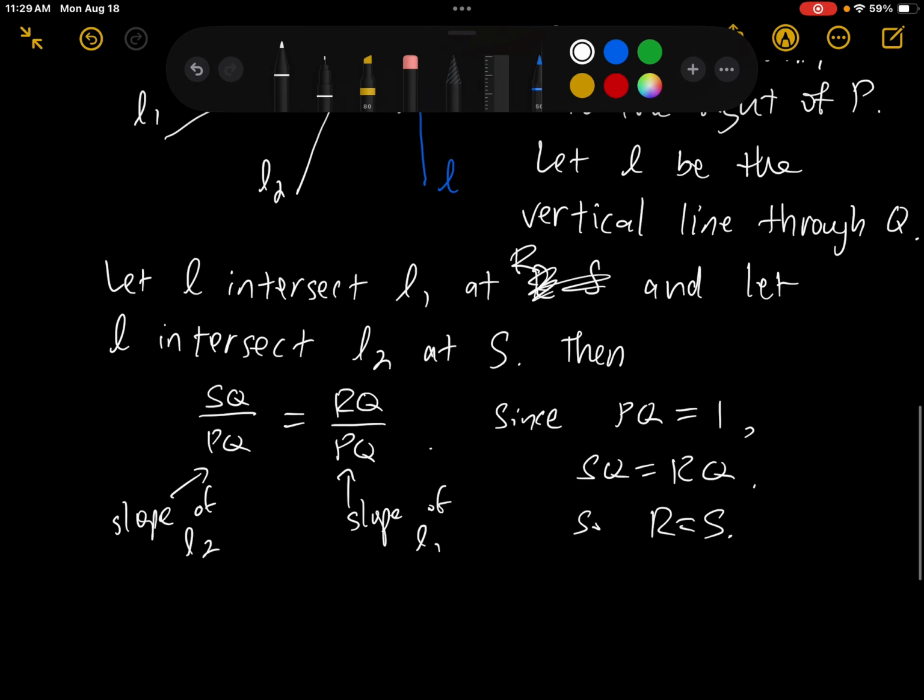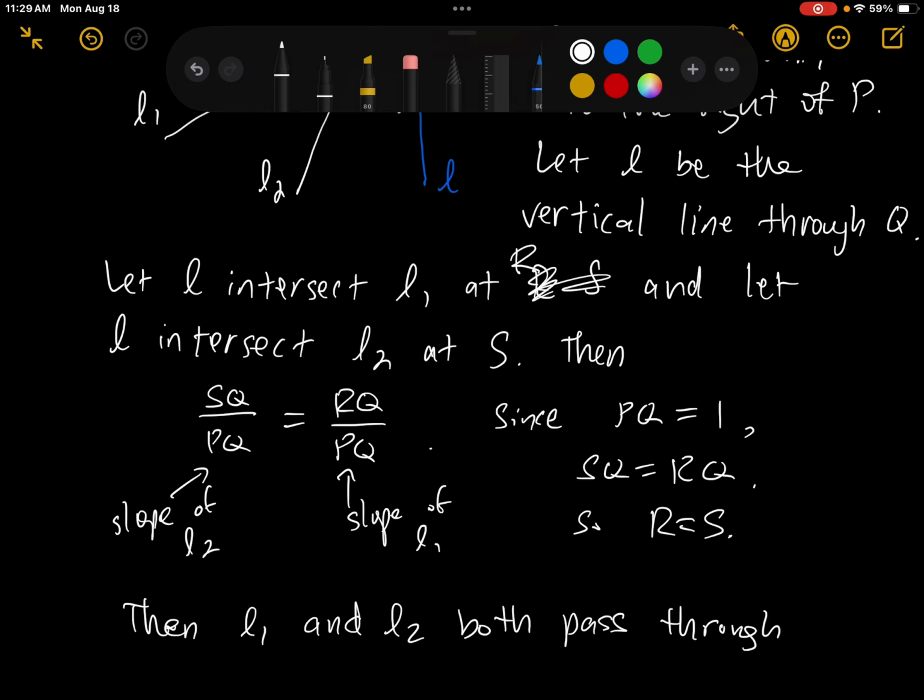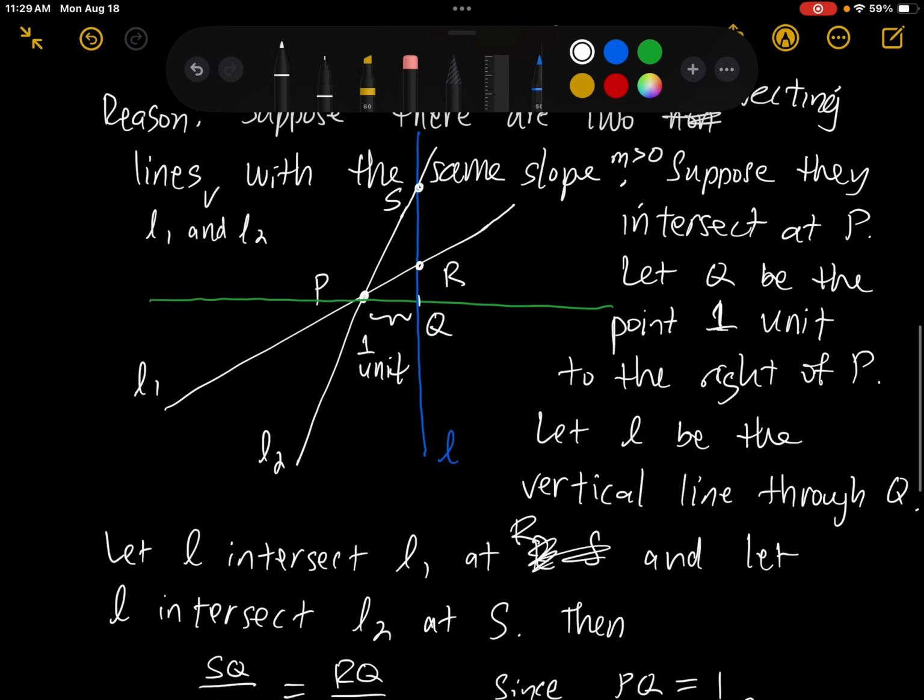Well, then L1 and L2 both pass through P and R, right? If R and S are the same point, then both L1 and L2 pass through P and R. Well, therefore they are the same line.